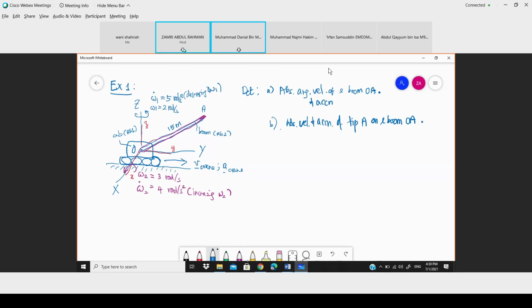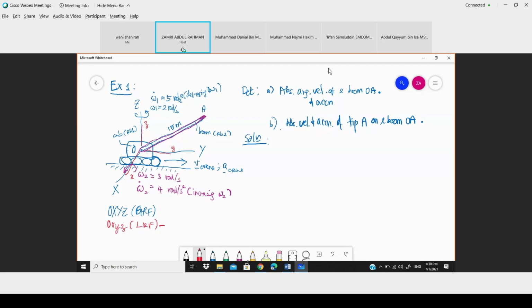Okay, analysis or solution. So first stage, we already have the reference axes. Take note, we have capital O, X, Y, Z as our global reference frame, and we have O small x y z as our local reference frame.